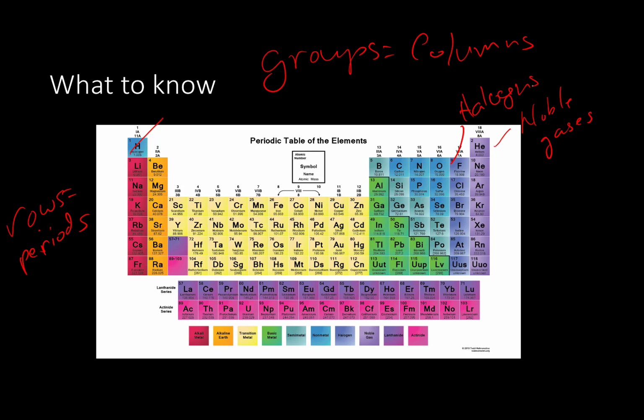The other ones that are important to know, this one over here, way to the left, the first group, is called the alkali metals. Now these also are extremely reactive. In fact, they're more reactive, I believe, even than the halogens. Alkali metals are ones that even if you drop them into water, for example, if you put sodium metal into water, it will catch on fire.